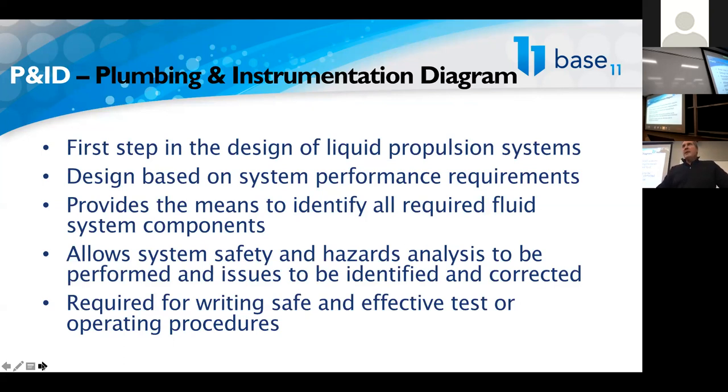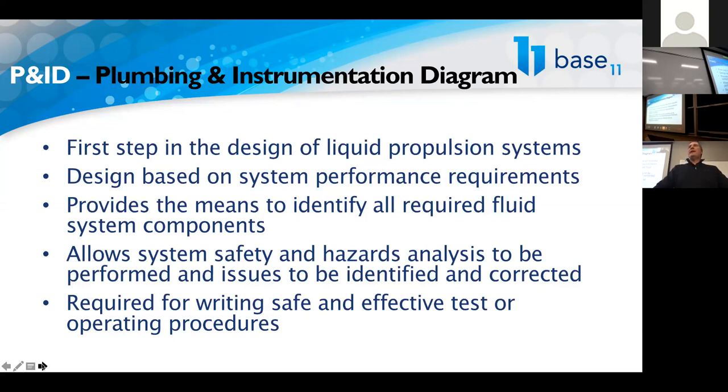The PNID is what basically allows you to do the failure modes and effects analysis and to identify the hazards. Are propellants going to be able to come into contact with each other in places where we don't want them to? Are we going to be able to control the pressures, relief devices, all those types of things? And then the PNID is what you have to use when you actually write your test procedures, right?